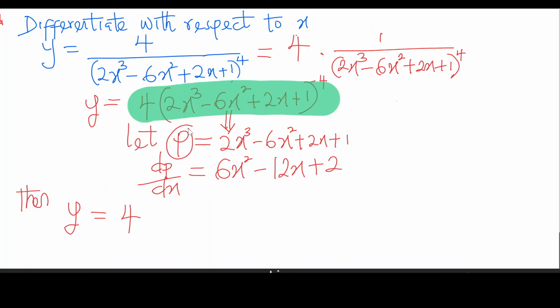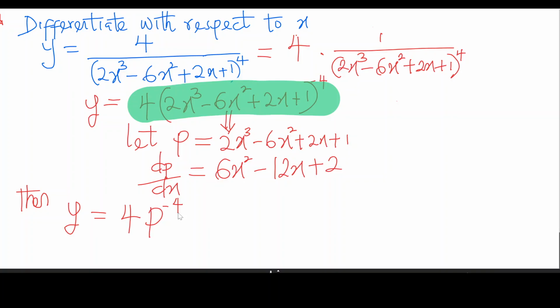So instead of writing everything enclosed in the bracket, I'm going to be writing p. That's going to be p raised to the power of negative 4. In this way, it's going to be easy for me to differentiate with respect to p now.